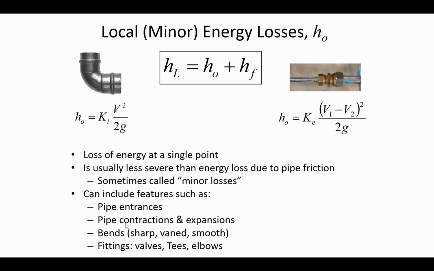Bends, where a sharp, abrupt change in direction, are going to experience more energy loss than a smooth and gradual transition. Sometimes the radius of curvature is defined in the K-value tables, so that if the radius of curvature is relatively larger, you'd have a smaller K-value than if it's an abrupt change in direction.